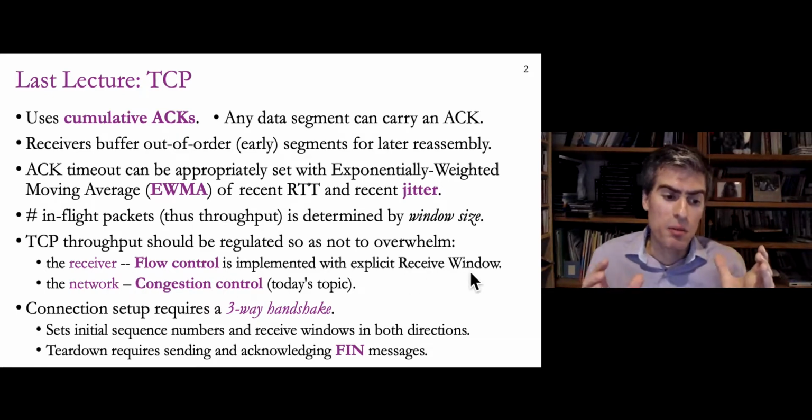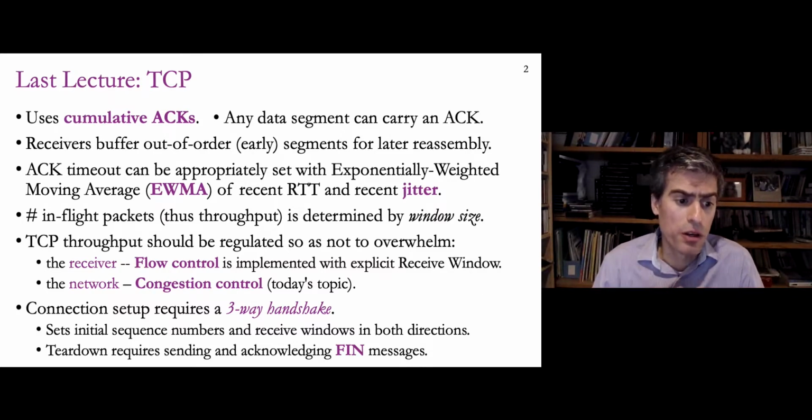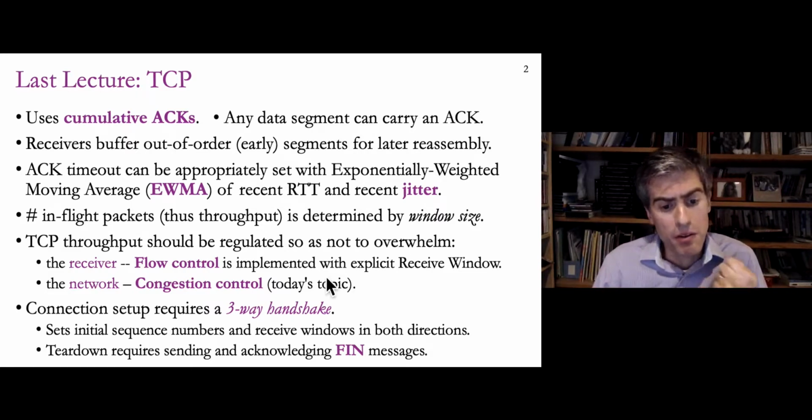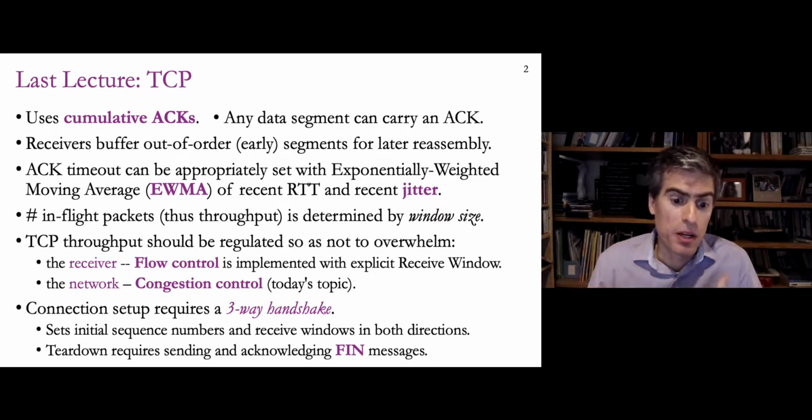Now today we're going to be talking about the other thing that can be overwhelmed, which is the network. You don't want to send so much data that the network can't handle it and the network drops packets. But unlike flow control, you have no direct observation of what the network status is. You can't ask the network what its capacity is. Instead, you have to kind of experimentally figure this out, and the network conditions can change over time, which makes it even more challenging.